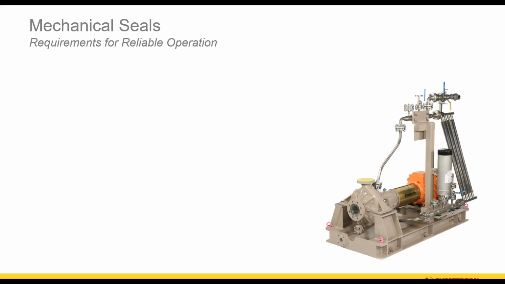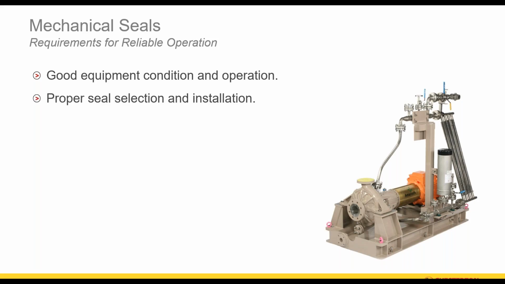So to try to wrap things up, what are the real requirements for reliable operation of mechanical seals? First, you do need good equipment condition and operation. I'm not talking pristine, but it needs to be good general practices. Second, you need proper seal selection and installation. You have to have the right seal for the application and the right, proper installation.